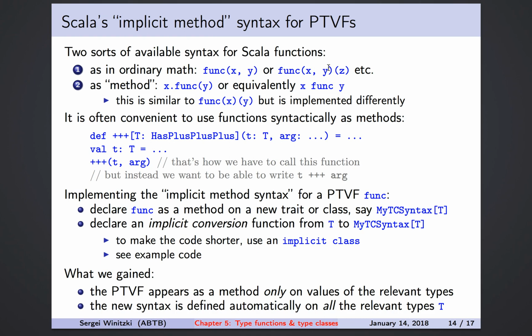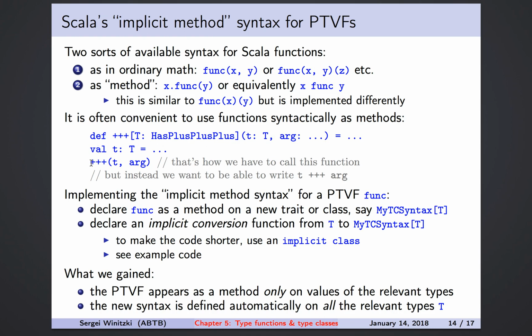Now, these functions are similar, but they're just implemented differently. And in some cases, you might prefer one, and in another case, another. So here's an example when it is convenient to have the method-like syntax. Imagine we define a function called +++. It is a partial type-to-value function, and the type domain for it is this type class, has +++. And then there are some arguments, and one argument is of type t.